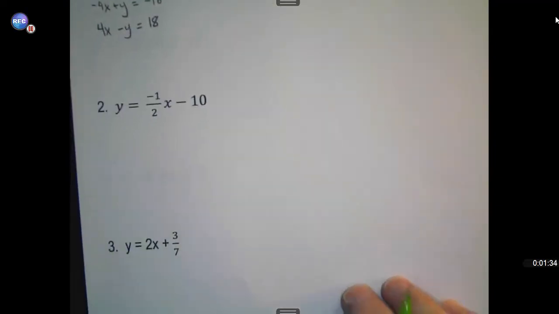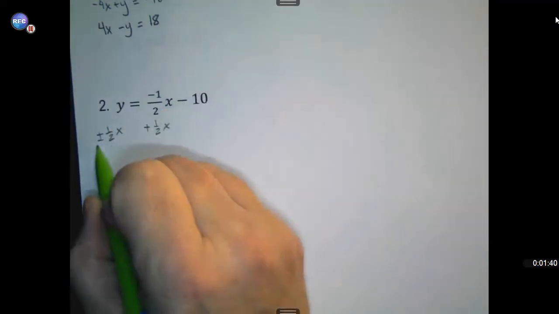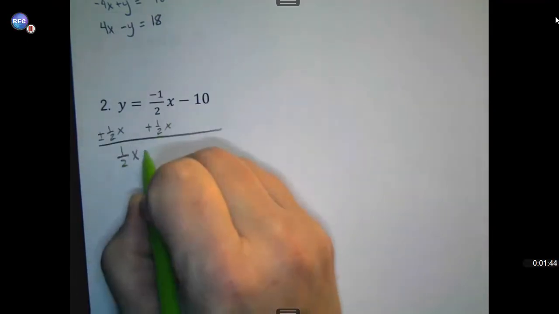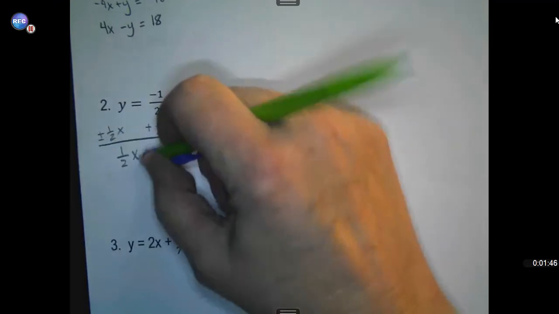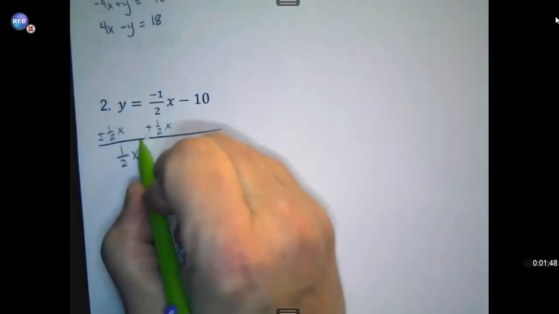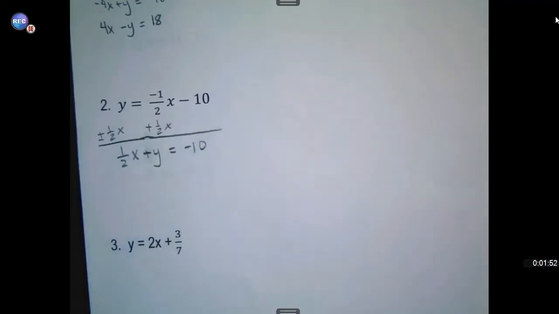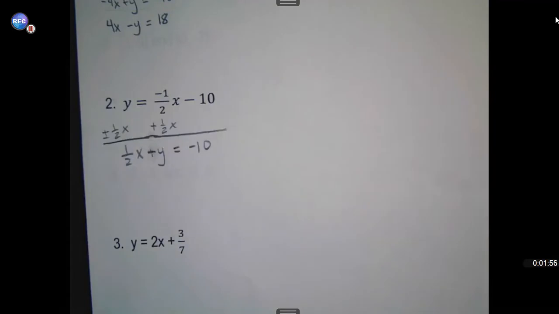So this next one, I would add 1/2 x to both sides. And that will give me 1/2 x plus y equals negative 10. Now for this one, 1/2 is not an integer.